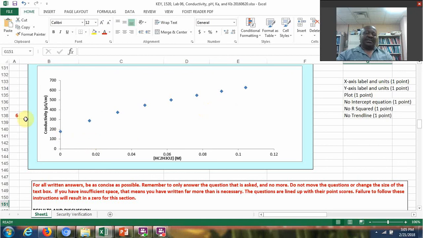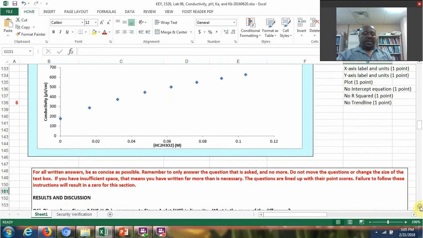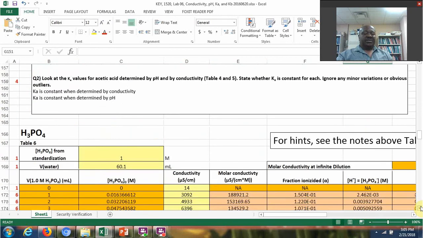So it's high here, so the line should be going up like this, but because it decreases, it flattens out like this. If you had a strong acid, it would be perfectly linear. Weak acids curve when you plot conductivity versus concentration. So I'll ask you a few questions there.